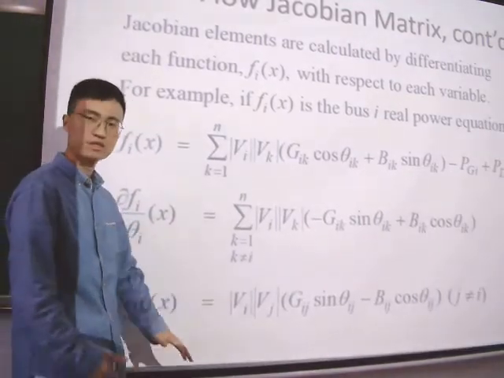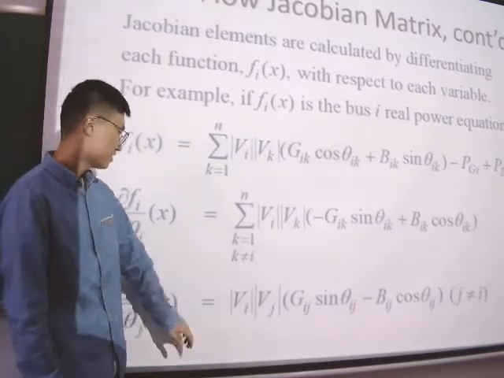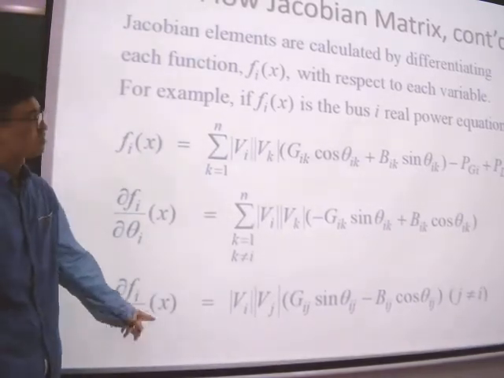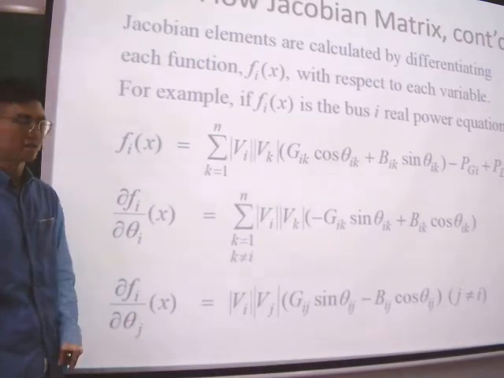So k equals it. And here, only this is differentiated with respect to the variable j, right?